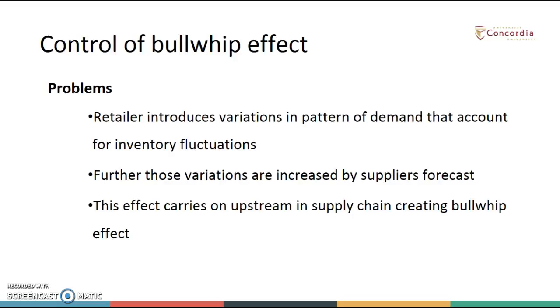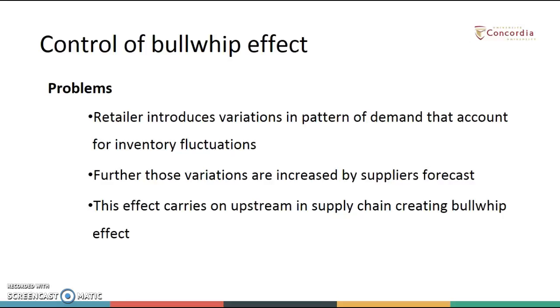First, it starts from the retailer's introduction of variations in the pattern of demand that cause inventory fluctuations. The next step is the further expansion of the fluctuations by the supplier's forecast, which is based on the retailer's requirement.